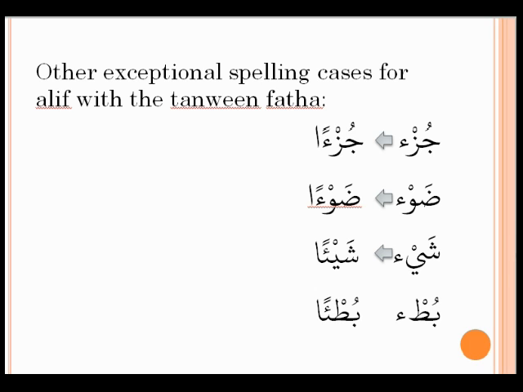As for the third example, shay. Shay ends with the hamza sitting on the line, but the letter preceding it, the ya, is a connector, so it can be connected to any letter after it. So what we do is add a nabira after the ya. A nabira is a vertical stroke, similar to the rule of a non-dotted ya.